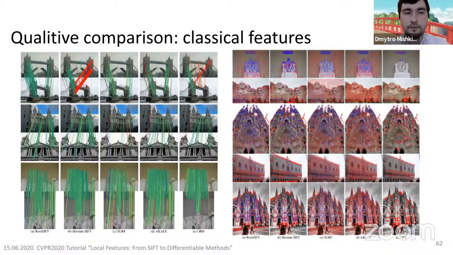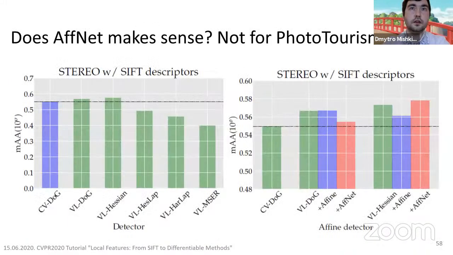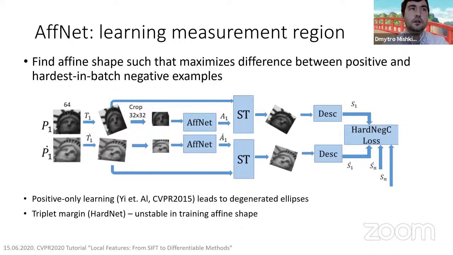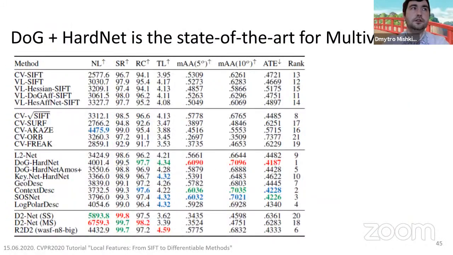And here are results, and actually we have compared the local feature detectors before. Maybe I was not getting attention to this, but okay, here.